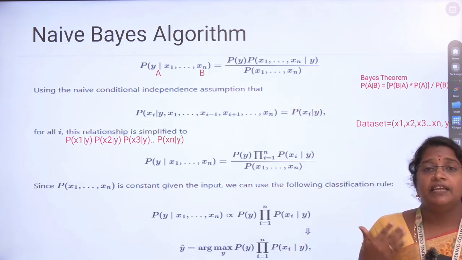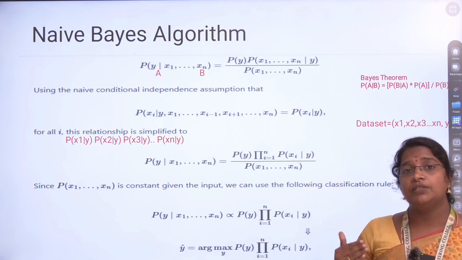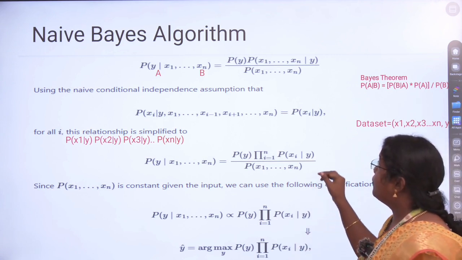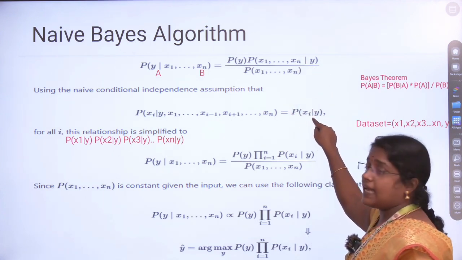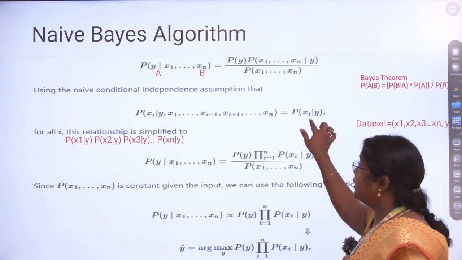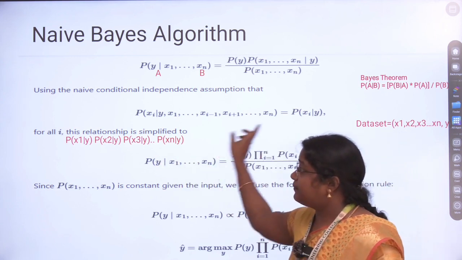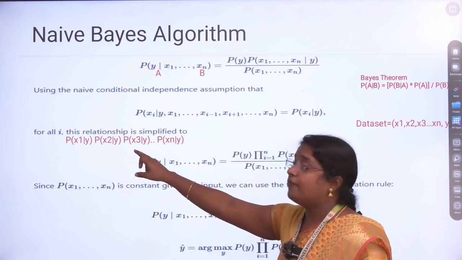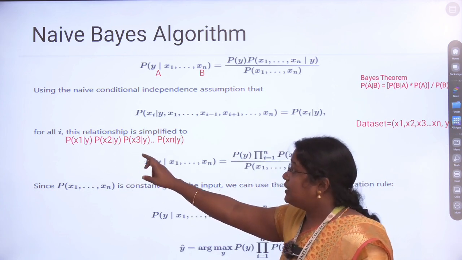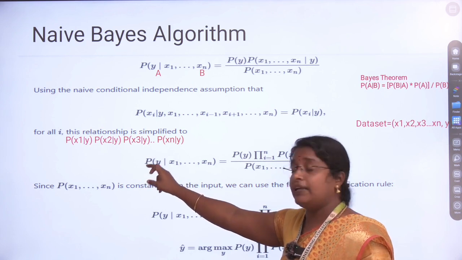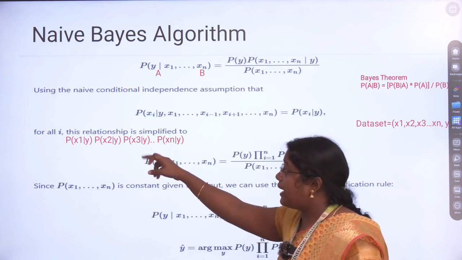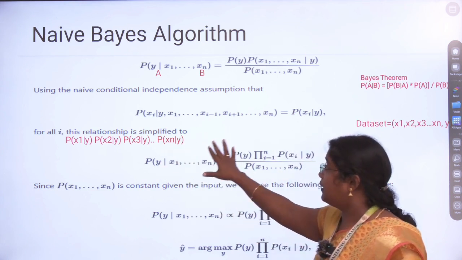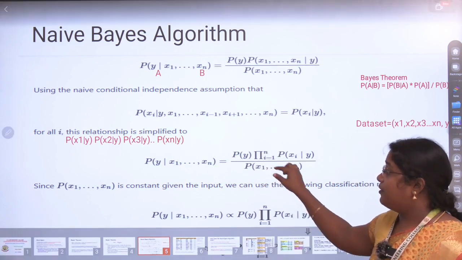In general, the Bayes assumes all the features are independent of each other. So we can write this part as a probability of xi given y, because each input is independent, which means we can write the probability of x1 given y into probability of x2 given y and so on, probability of xn given y. In the mathematical formula, we can rewrite this in terms of pi.